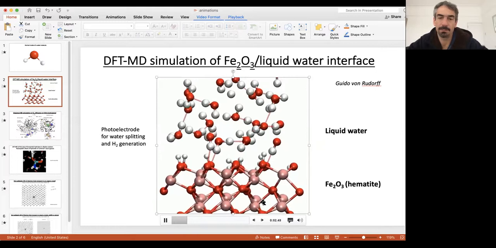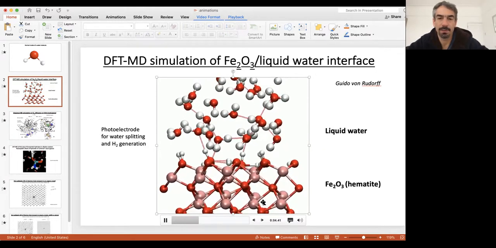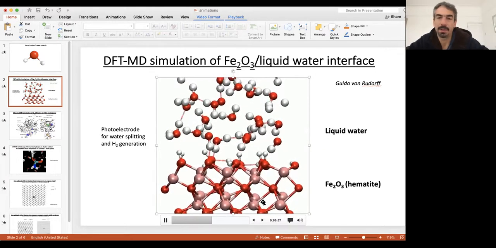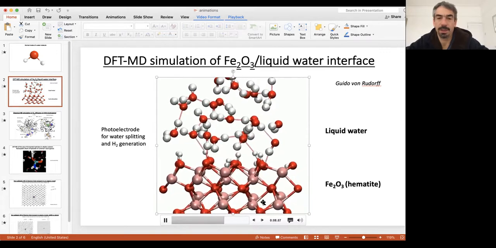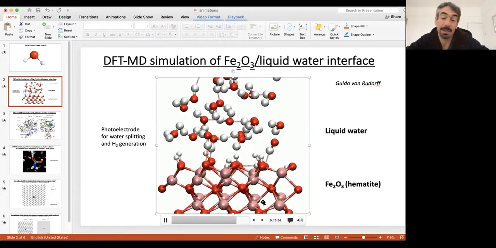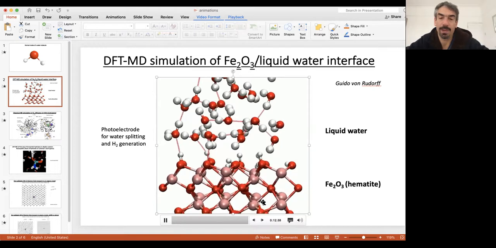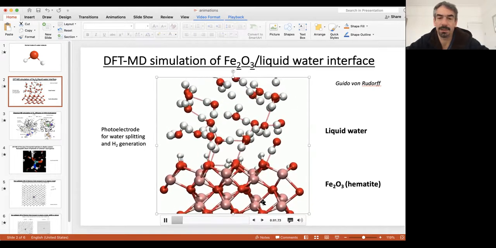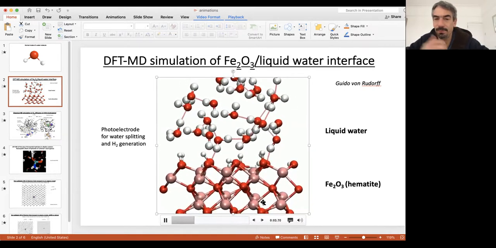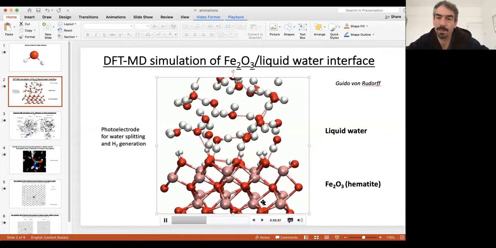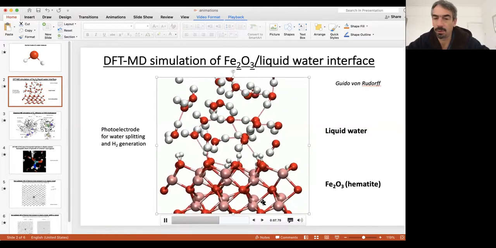And later on, maybe even how a hole, an electron hole that you create in the semiconductor, leads to the oxidation of a water molecule and the formation of molecular oxygen.